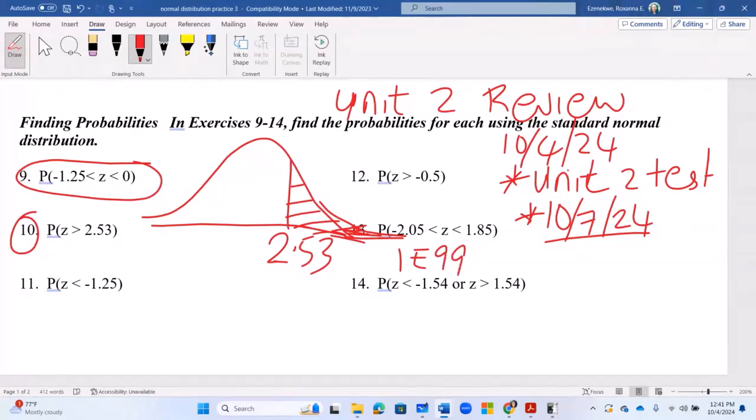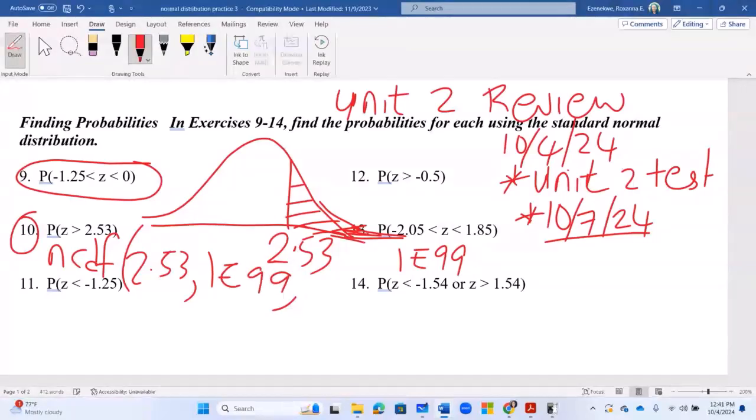Then I'll write the argument for my calculator: normal cumulative density function, starting from 2.53. This is area to the right, going to positive infinity. The mean is 0, the standard deviation is 1.